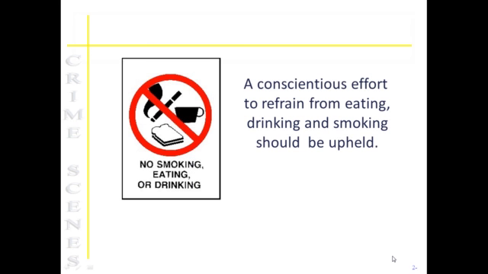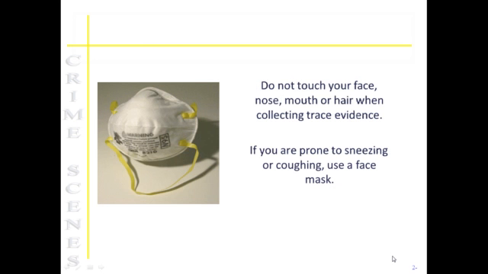Obviously, refraining from eating, drinking, or smoking while you're at a crime scene will help prevent contamination of any evidence. In addition, a lot of times officers will wear masks over their nose and mouth, and sometimes something to contain their hair, so that they can't contaminate scenes with their own hair or cough or sneeze while they're processing a scene.